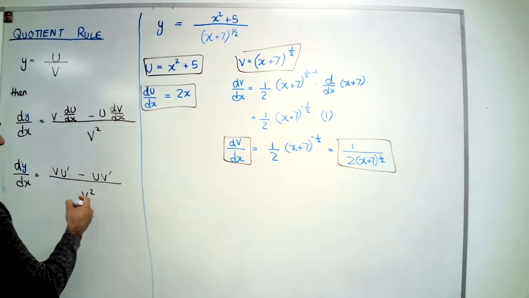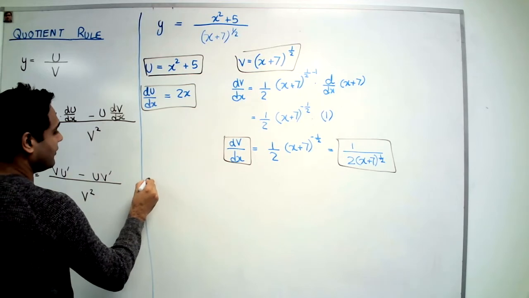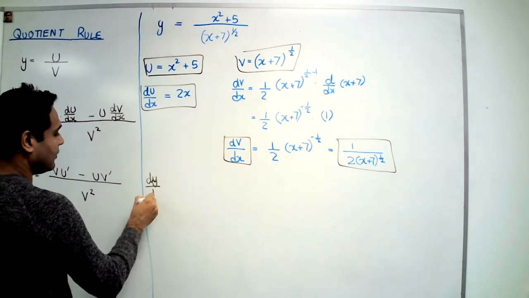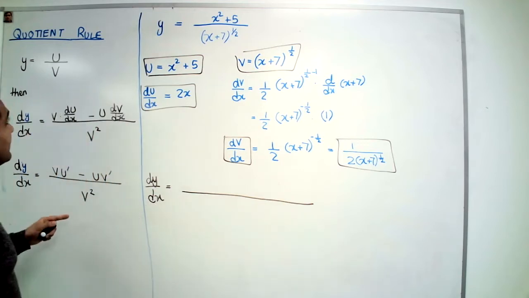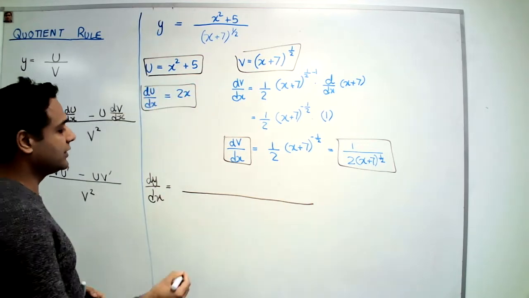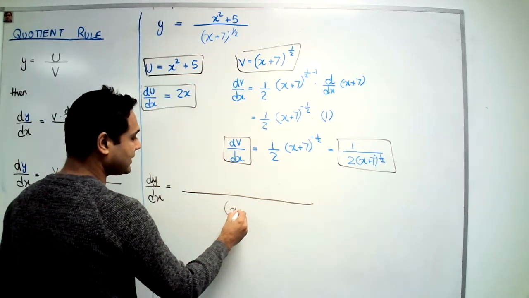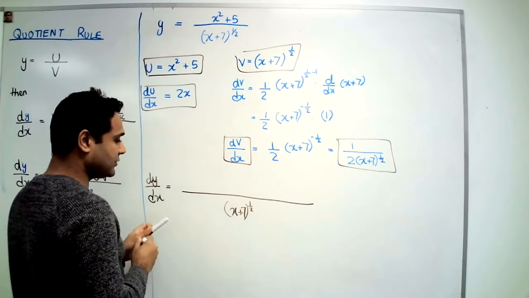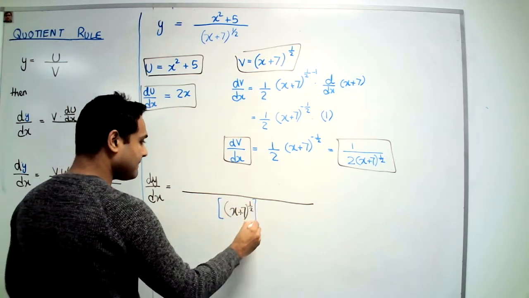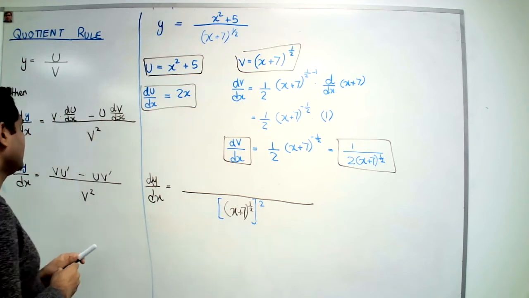Okay, now putting in this formula, if I want to find dy over dx, that's equal to the v squared. Now the v is that bit, so I need to square that one. X plus 7, squared.